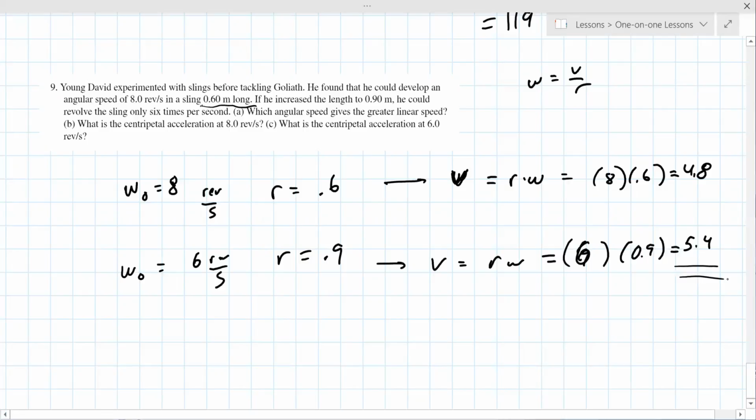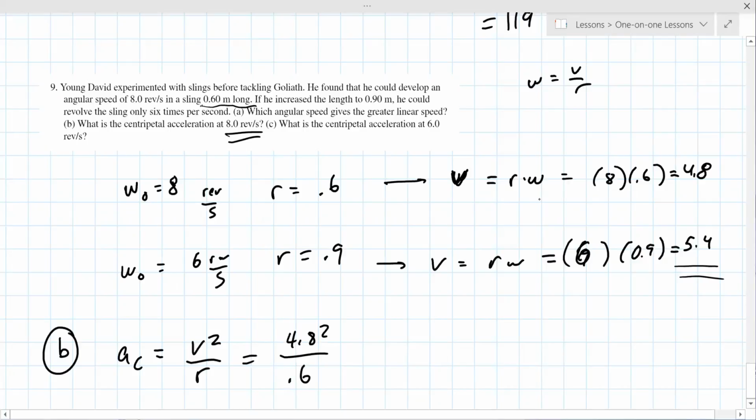Okay, that's part A. Part B is the centripetal acceleration, which is v squared over r of the 8 revolutions per second one. So we need its v. Its v is over here, 4.8 squared. Radius is 0.6. That is 4.8 squared divided by 0.6.